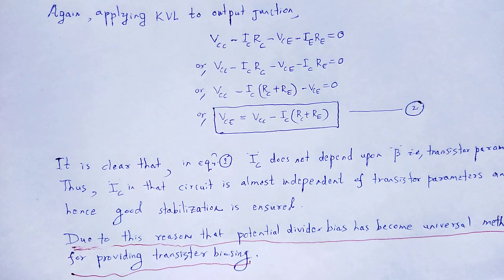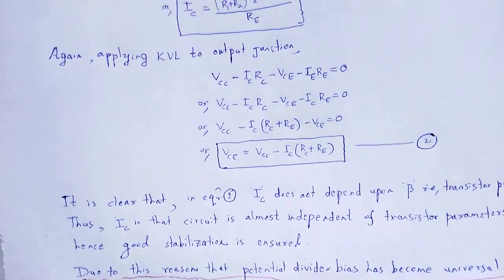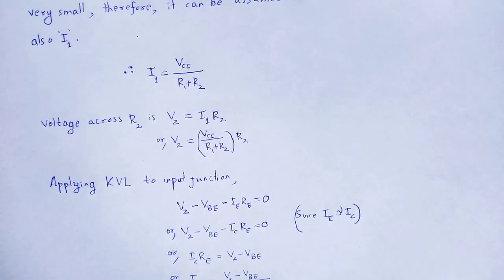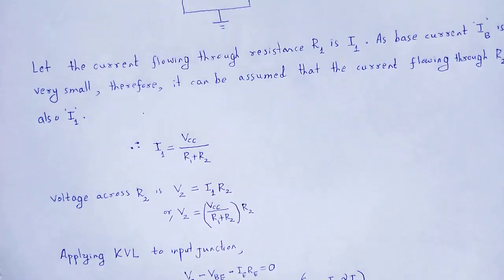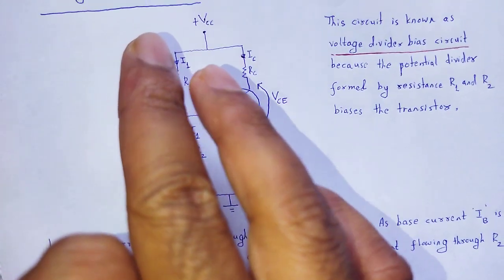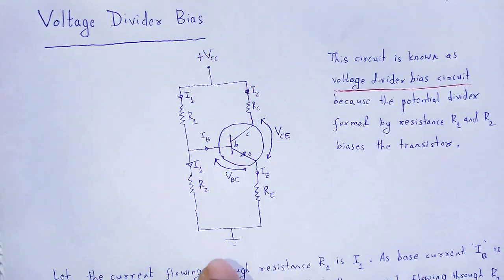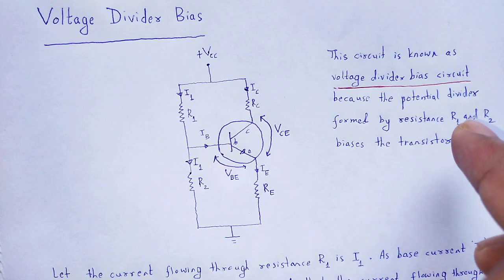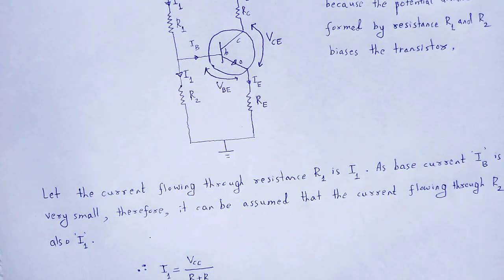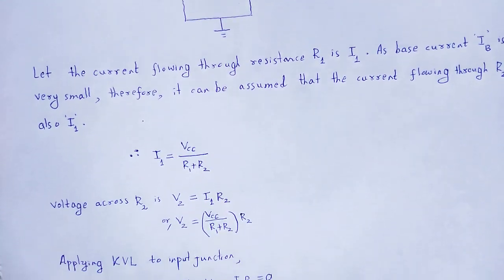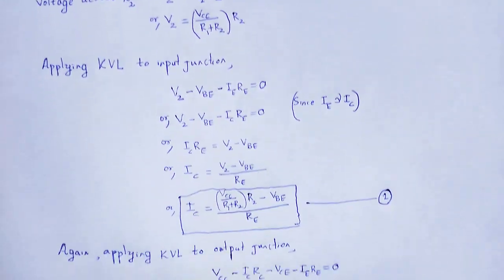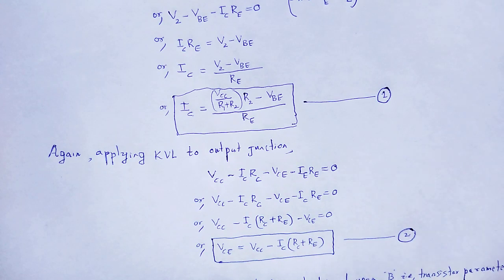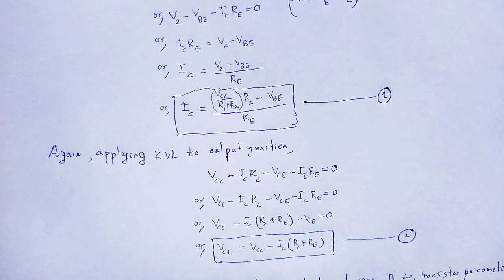So, with the help of this video lecture, we understand one of the biasing method in case of transistor biasing stabilization, that one is voltage divider bias. This is the circuit, why it is called voltage divider bias circuit, and mathematically we calculate the value of IC and VCE by taking Kirchhoff's voltage law in input as well as output junctions. IC and VCE are nothing but the coordinate of Q point or operating point.